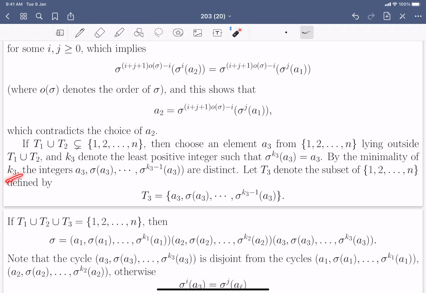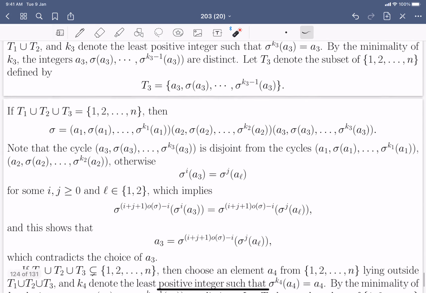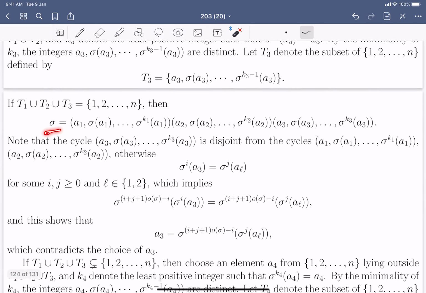And again by the minimality of k3, it will follow that this bunch of integers are all distinct, okay. And then we look at this set, we call it t3, and in the situation when this union happens to be 1 up to n, then one can show that sigma is equal to the product of these cycles, okay.